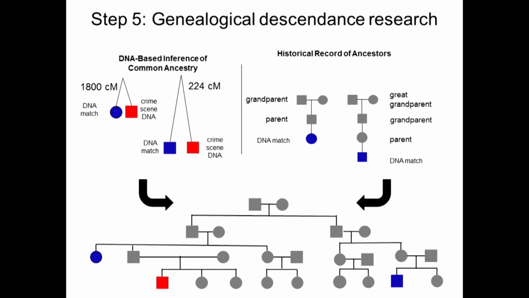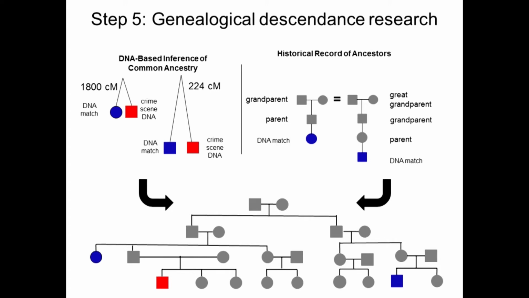We use the historical records of ancestors as a piece of information. In this cartoon example, we identify that the grandparents of this individual are the same exact people as the great-grandparents of this individual. What we can then do is identify who all the descendants of these two people are, and then use the relationships between these test kits to make an inference on who our suspect might be.